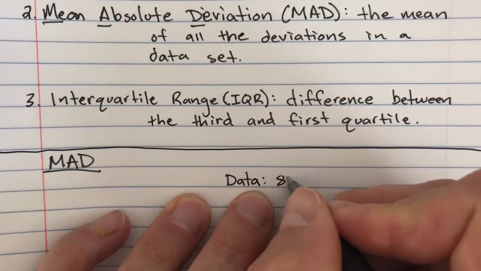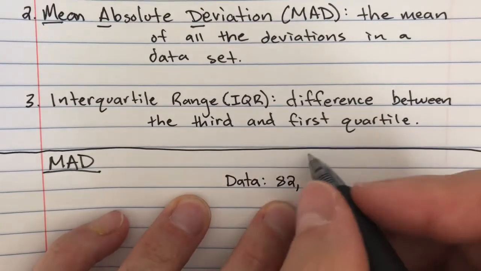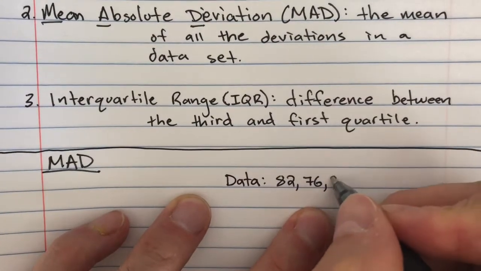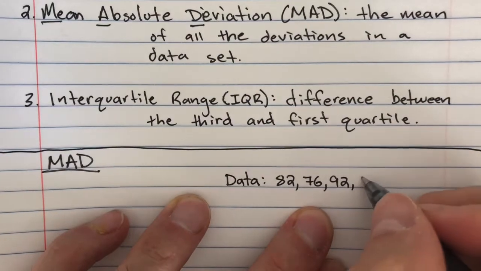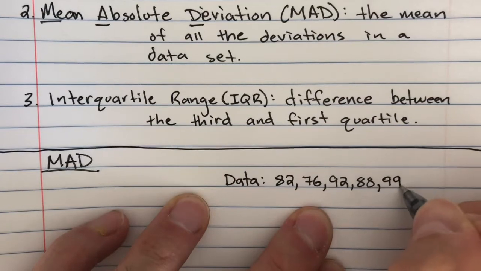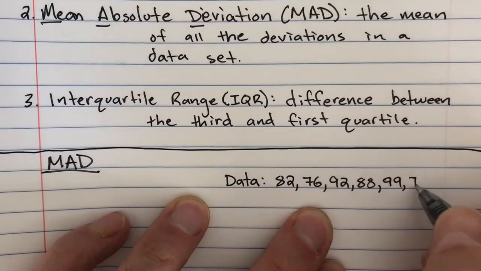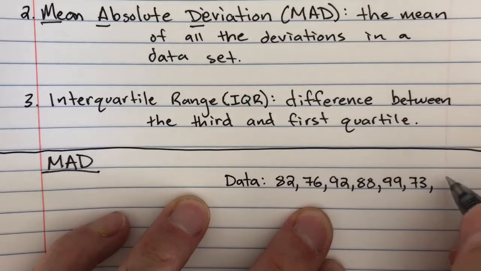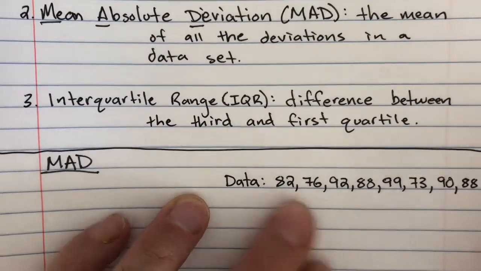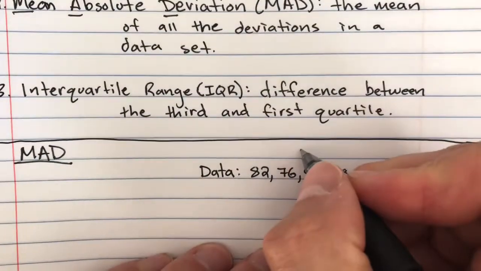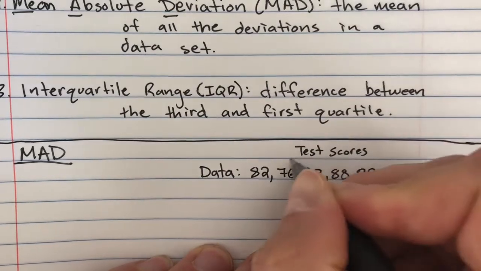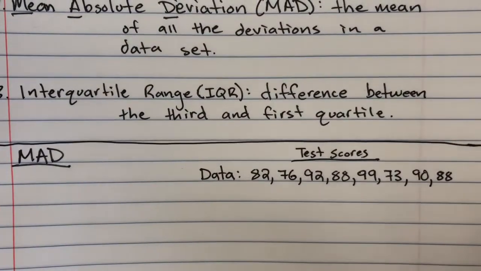These are test scores: 82%, 76, 92, 88, 99, 73, 90, and 88. So there's my data set. These are test scores, so pretty high scores.